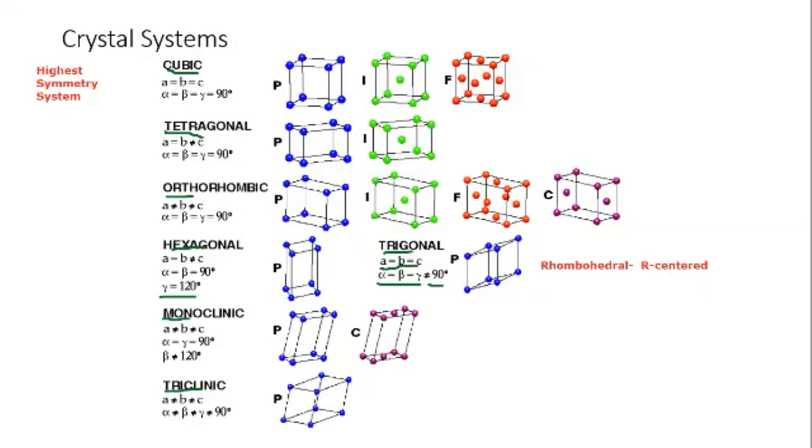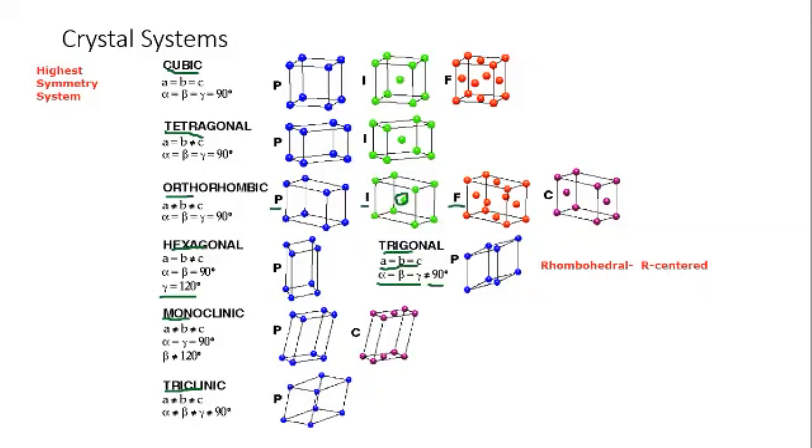Now we get to orthorhombic. Orthorhombic, none of the cell axes are the same, but all the angles are 90. And with orthorhombic, you can have a variety of different types of centering. So we have primitive, which means the lattice point is on the origin. Body center, which is I, means there's a lattice point at the center of the unit cell.